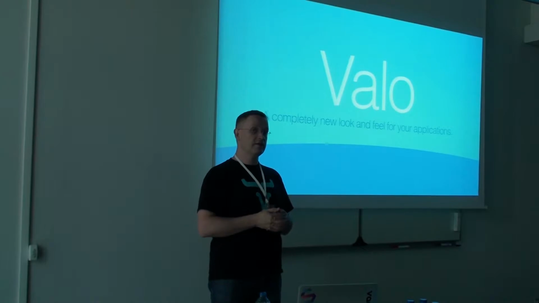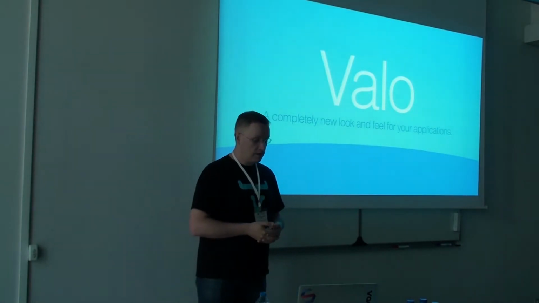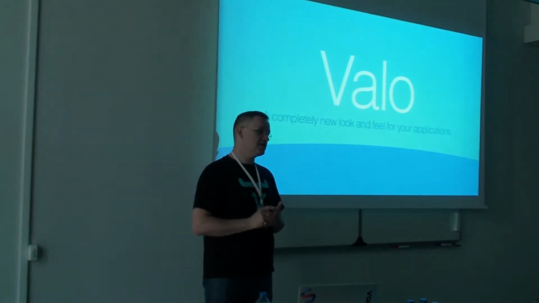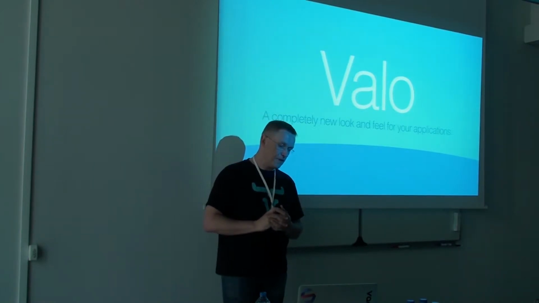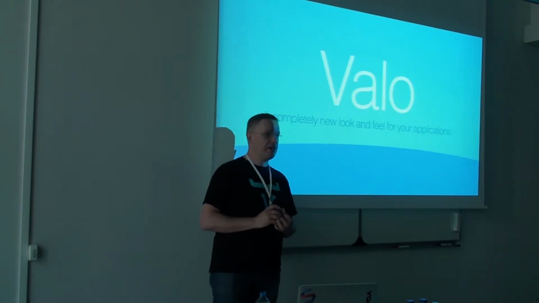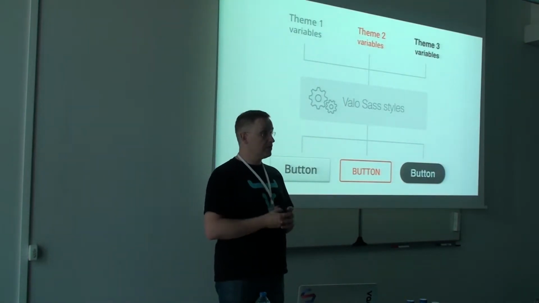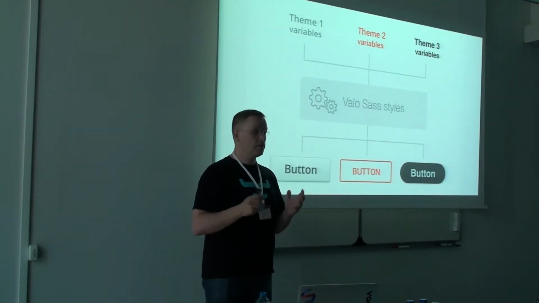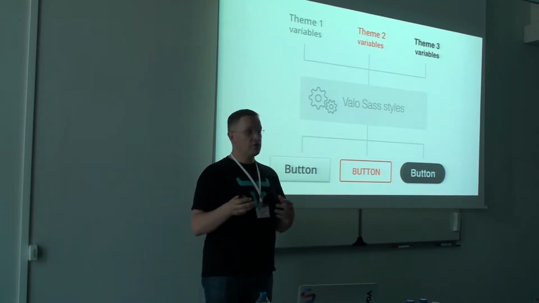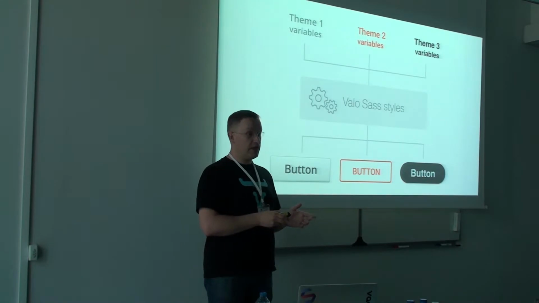Valo is the Finnish word for light, but in this case it is a configurable SASS-based theme engine, which means that it contains a couple of dozen different parameters, like colors, rounding, shading, and stuff like that. And all the components in Vaadin respect those parameters.